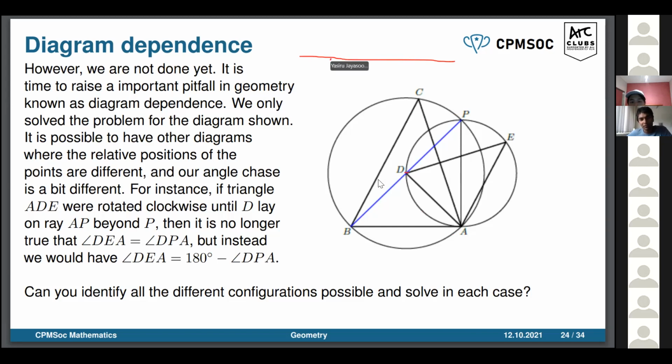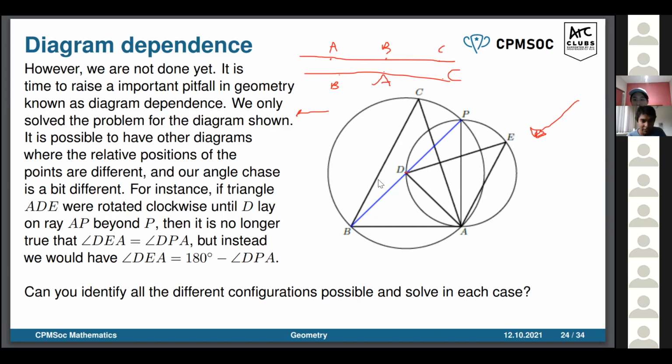For example, we'd have A, then B, then C. B could be at the middle, but we also have A at the middle, or even C at the middle. So sometimes with the information given in the problem, there might be lots of different minor changes in the diagram that could exist. So there's actually more than one way of drawing this diagram that still satisfies the information given in the problem.